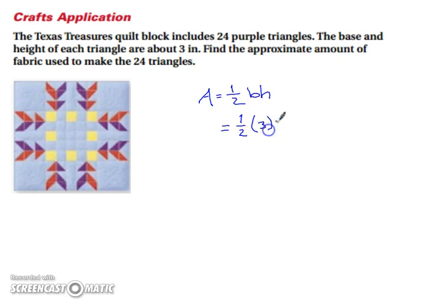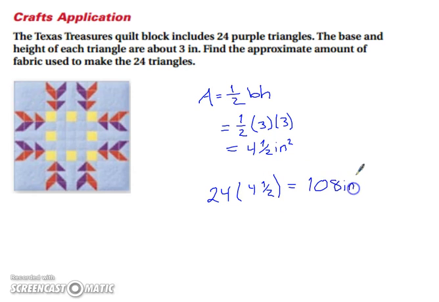So we have 1/2 times 3 times 3, which gives us 4.5 inches squared. Well, we have 24 of those 4.5 inch square pieces of purple triangle. So we can simply do 24 times 4.5, and we get 108 inches squared.